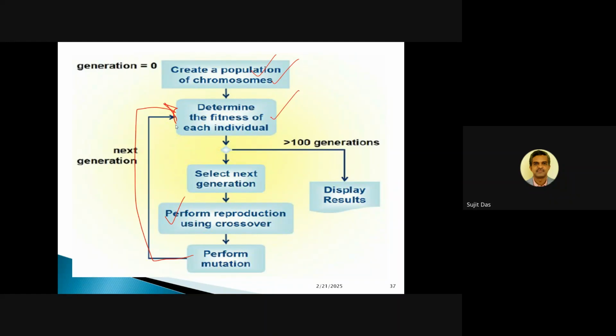Because after crossover and mutation, the solution is getting changed. The solution is not the same as it was earlier. If you look at the traveling salesman problem, the arrangement or sequence of those cities is getting changed.